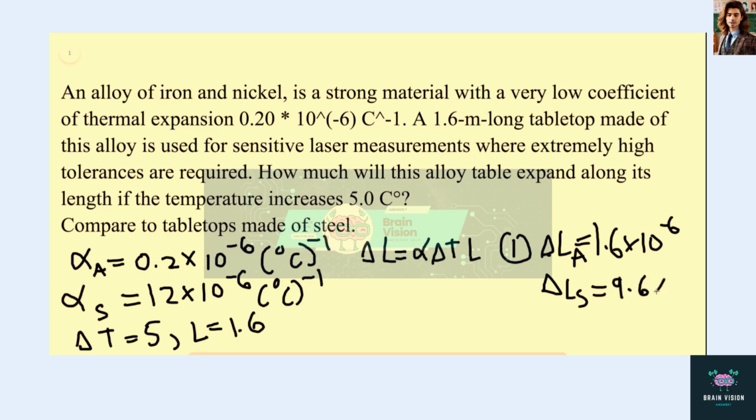And now to compare them, we will do delta L S over delta L A, and that is equal to 60. So the ratio is 60 times. I hope that makes sense.